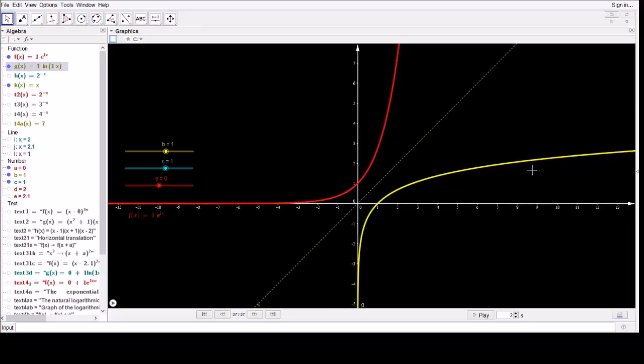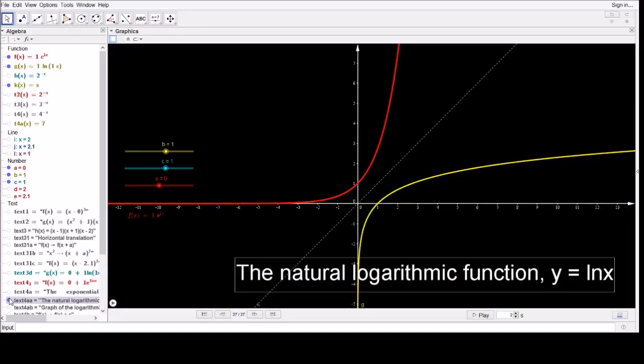This is a very special type of function, and it's called the natural logarithmic function, y equals ln x. We use these symbols ln to indicate that it's the natural logarithmic function. It's special and it's different to other log functions because it's the inverse of the exponential function.